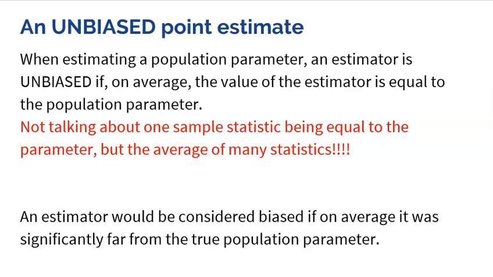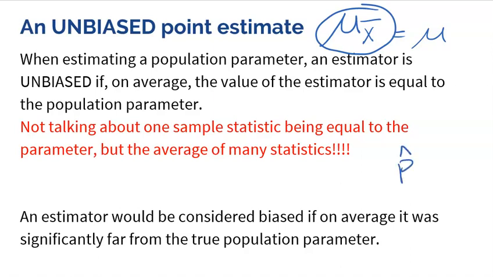A mean. So we're not talking about a single mean being equal to the truth. We're talking about the mean of a bunch of means being equal to the truth. Or the same thing with proportions, right? I'm not talking about one single proportion from a sample being equal to the truth. I'm talking about the mean of a bunch of p-hats being equal to the truth.